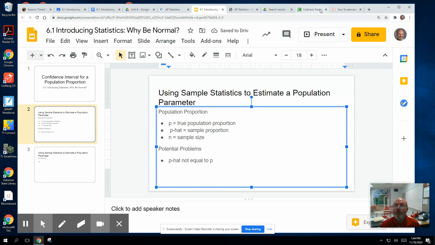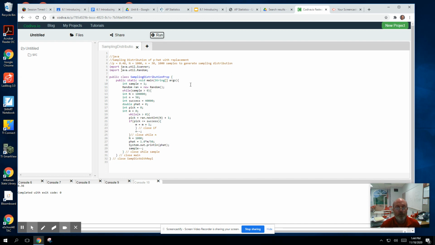Let's go over here to a little simulation I ran. I wrote this code to do a sampling distribution for a population proportion, but by changing the number of samples to 1, we can draw just one sample. In this code, the population proportion is 40% meeting some condition we're going to call success.